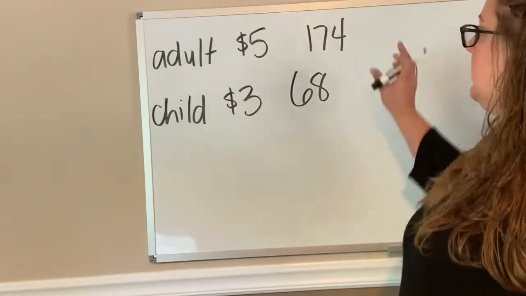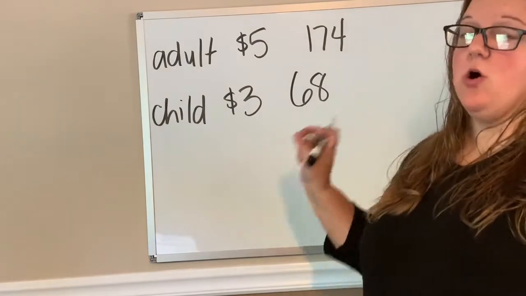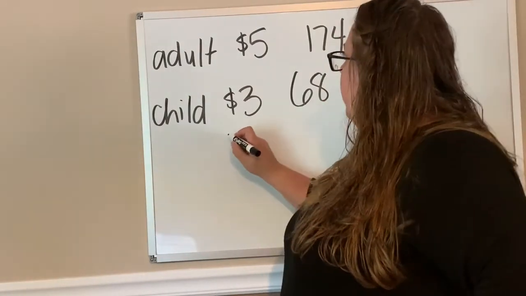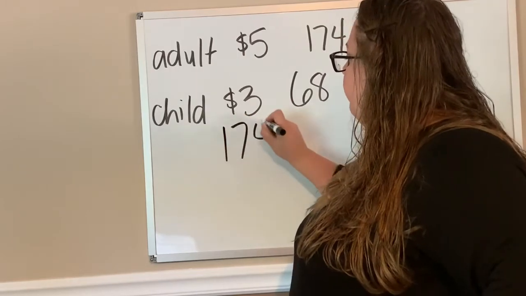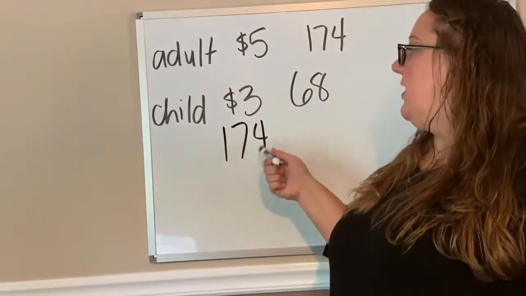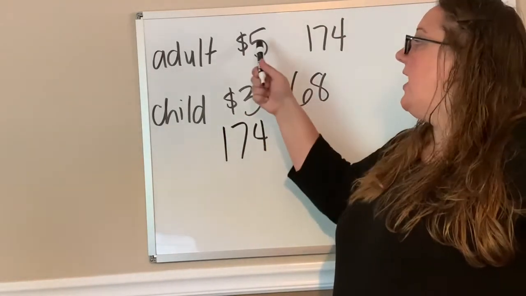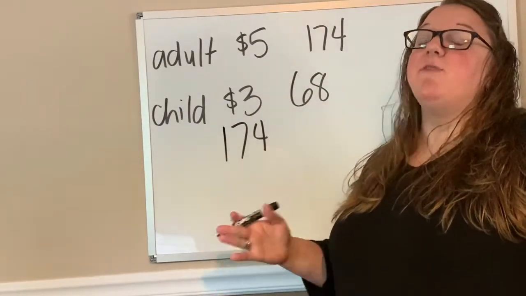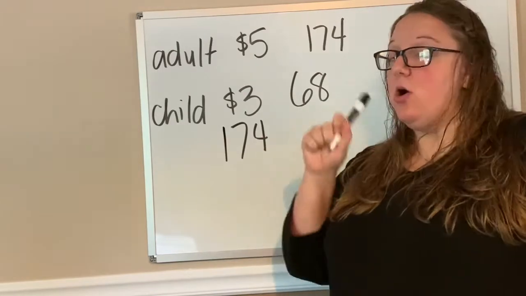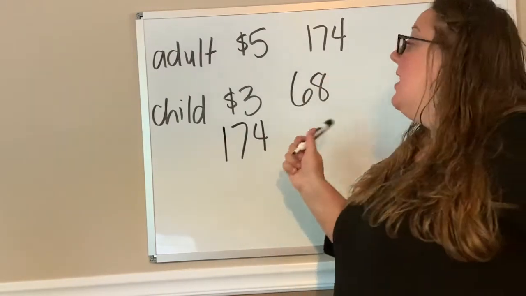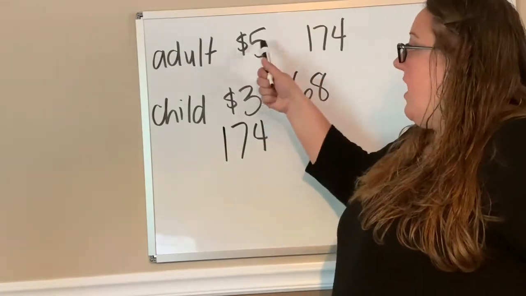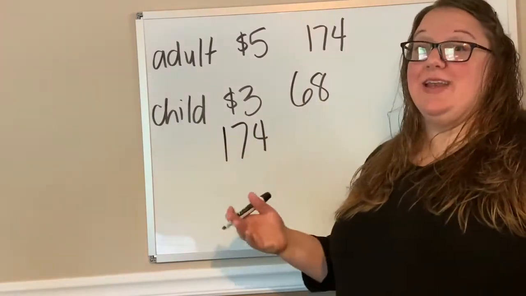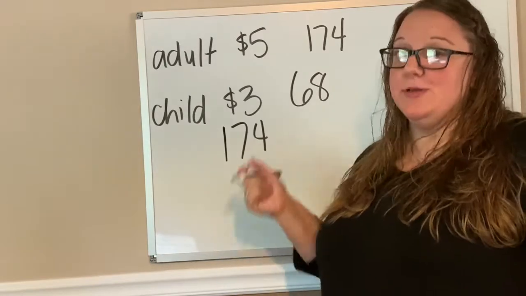Okay, so first I need to figure out how much money they made on adult tickets. So I'm going to come down here and write 174. Now I could add $5 174 times, but that would take forever. And we all know in our 5th grade brains that 174 times is repeated addition, and that's the same thing as multiplication.